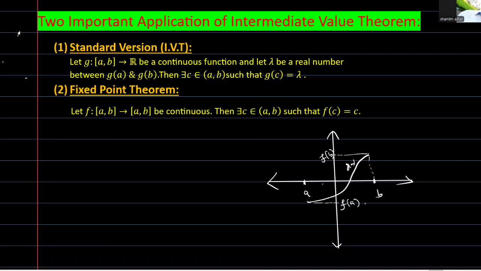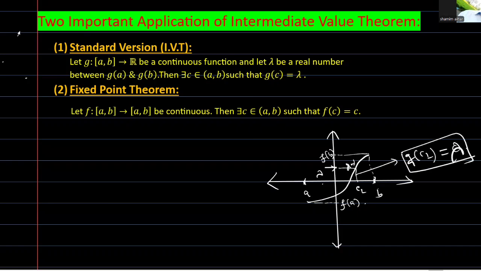Now the standard version says that for any lambda between g of a and g of b, suppose here is my lambda, we can always find a corresponding c, that is my c1, between a and b, in the open interval (a, b), such that the value at c1 is equal to lambda.